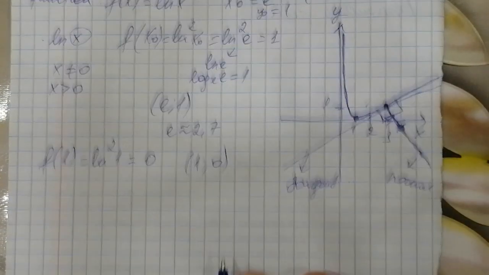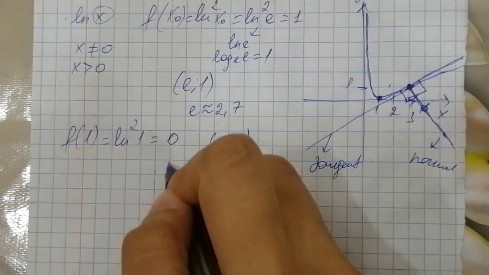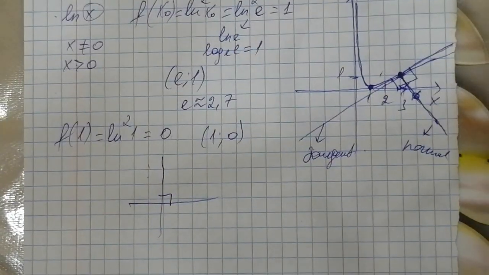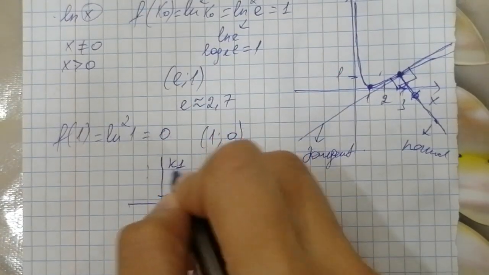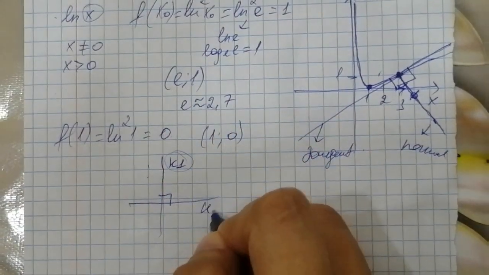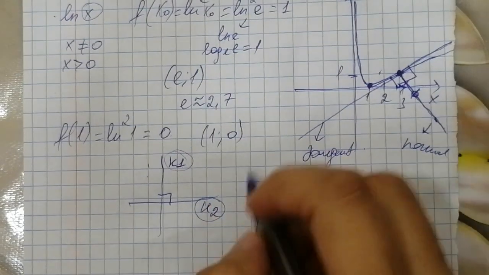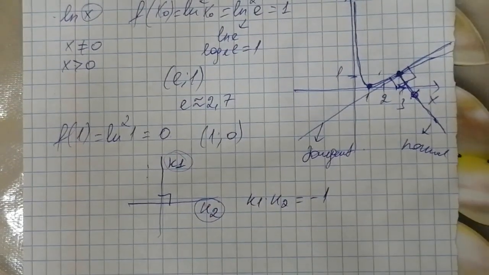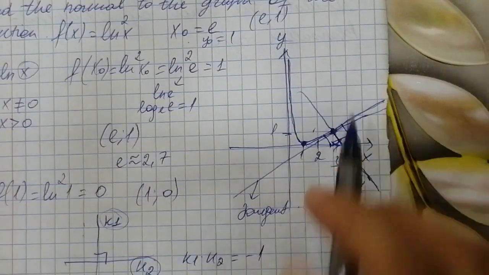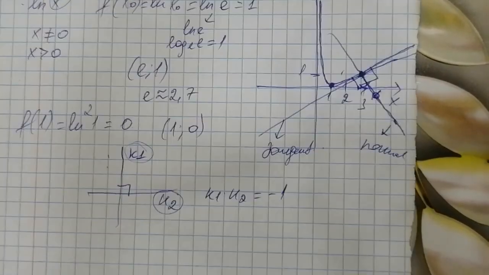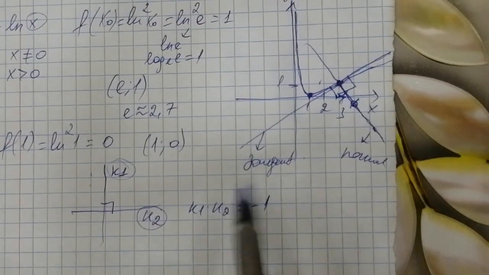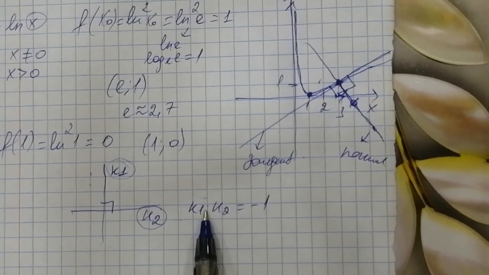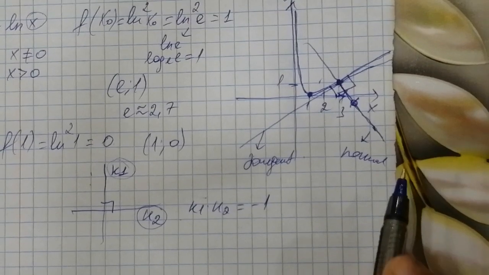We know that if two straight lines are perpendicular to each other, then the multiplication of their slopes is equal to -1. So the normal and tangent lines are perpendicular to each other, which means the multiplication of their slopes is also equal to -1.